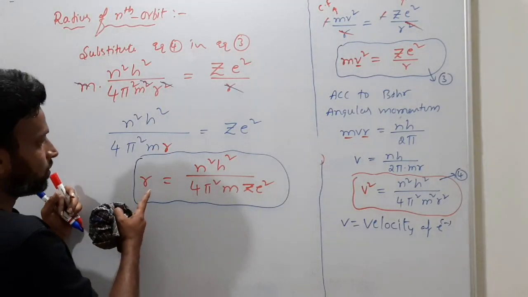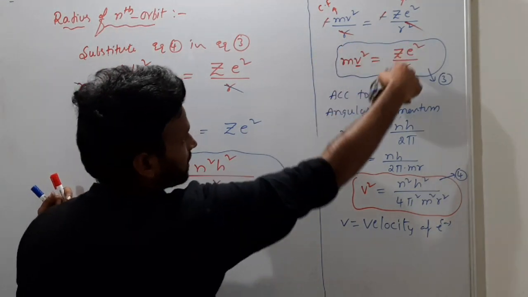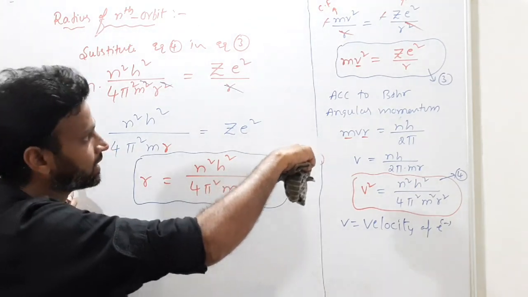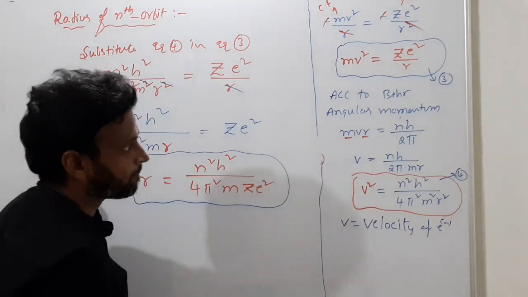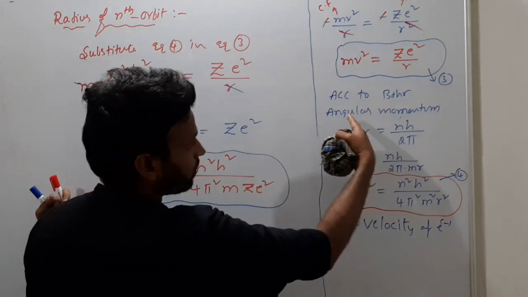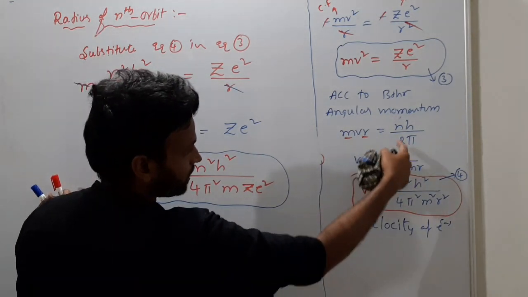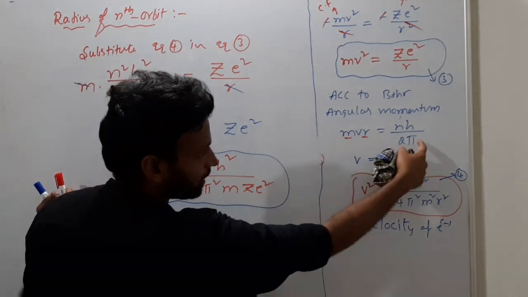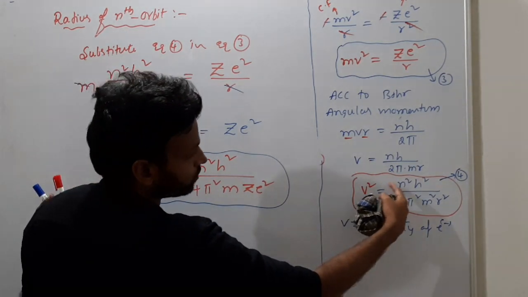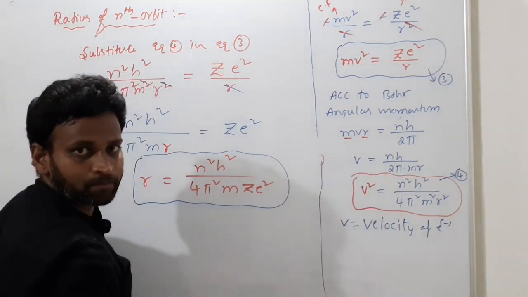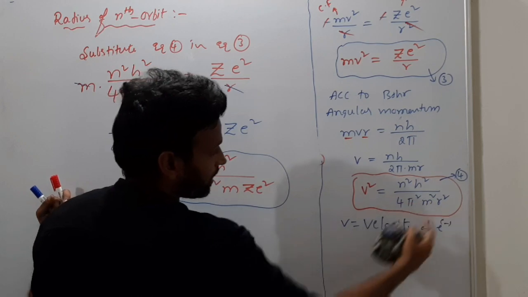So you have the radius formula. The centrifugal force and centripetal force are equalized when an electron revolves in a certain orbit. Then I got mv square equal to ze square by r, and according to Bohr, angular momentum mvr is equal to nh by 2 pi. So v is equal to nh by 2 pi mr. Squaring both sides, v square is n square h square by 4 pi square m square r square.